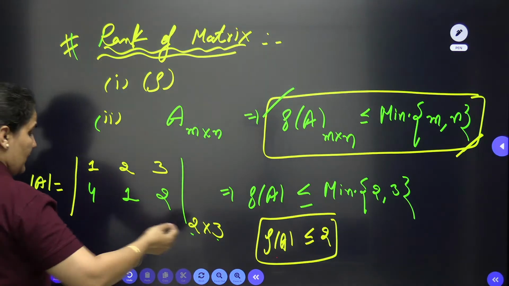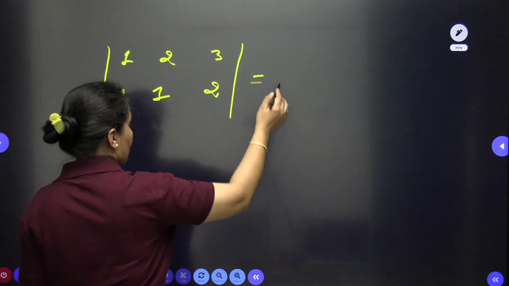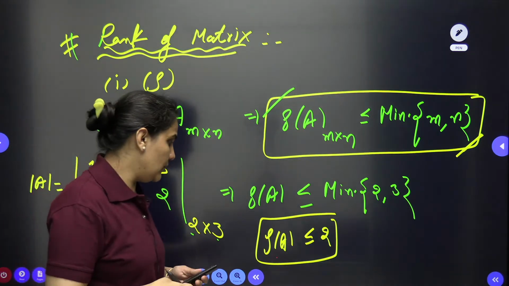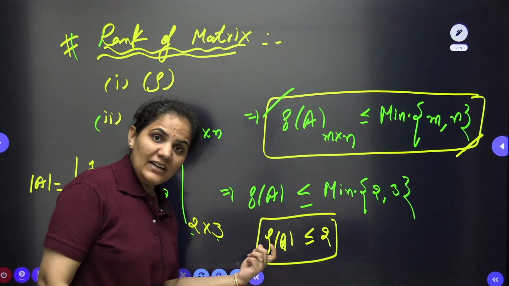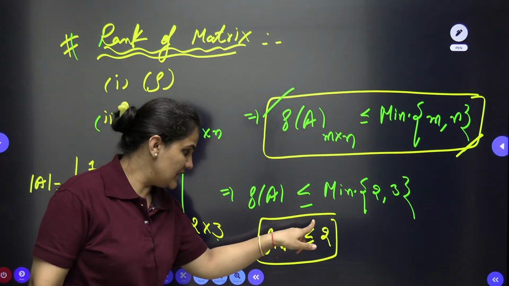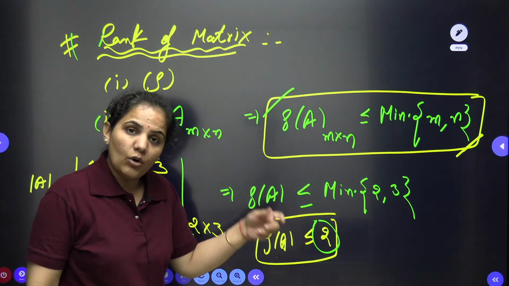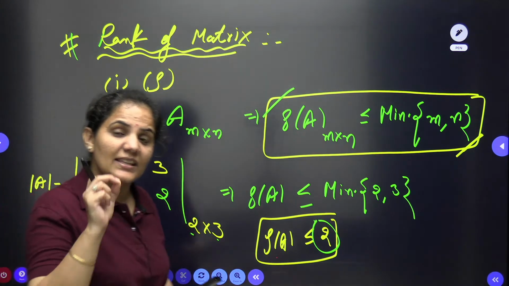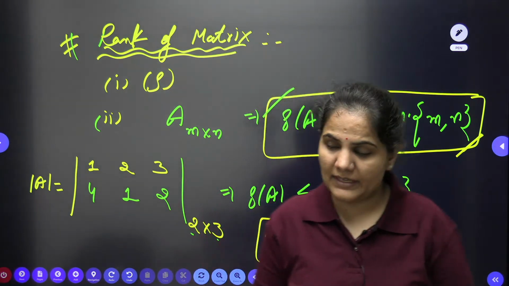Right. So if I go with the determinant, what will you do? If I am having here rank of matrix A is less than or equal to 2, the number written here is 2. In the given matrix, you will check the minors of 2 cross 2 one by one.